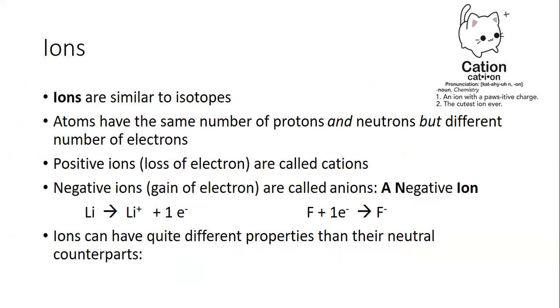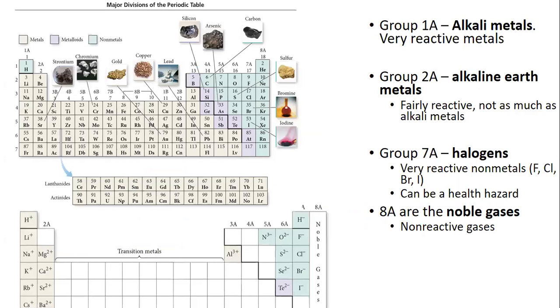And we talked about ions, which are same number of protons, but different number of electrons, where you have a cation, which is positive, so more protons than electrons, and an anion, which is more electrons than protons. And the last thing we're going to talk about for this PowerPoint is just the different types of groups we have in our periodic table.